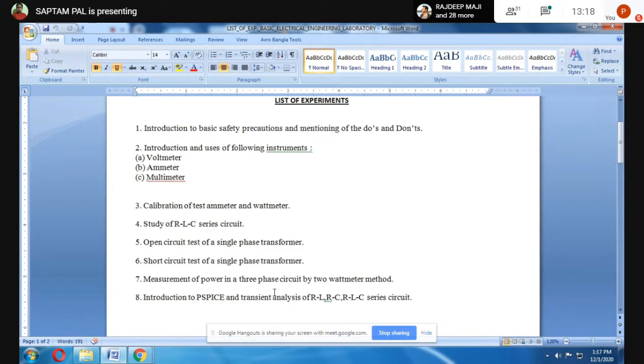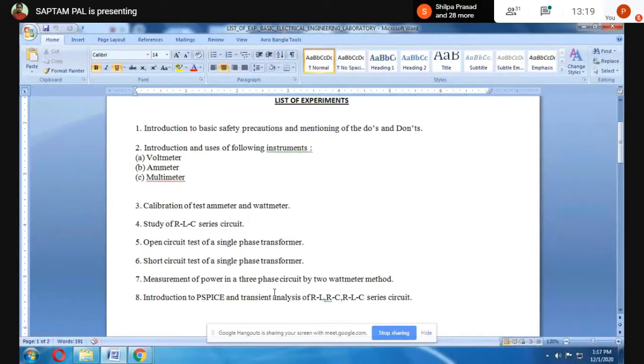Why is this coming? That is due to the aging of the instrument, due to wear and tear of the instrument, due to our experiment, due to the dust, due to the weather condition. Many more reasons are there. So the calibration is so important before doing any experiment.